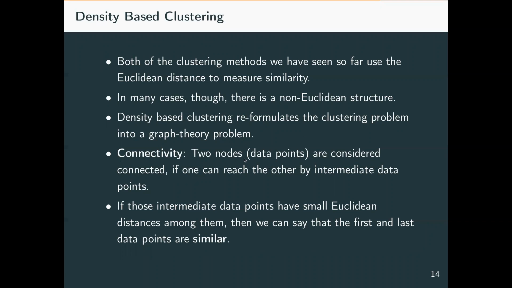So two data points are considered connected if one reaches the other through intermediate data points. And if those intermediate data points have a small Euclidean distance among them, then we can say that the node at the start of the path and the node at the end of the path are similar.